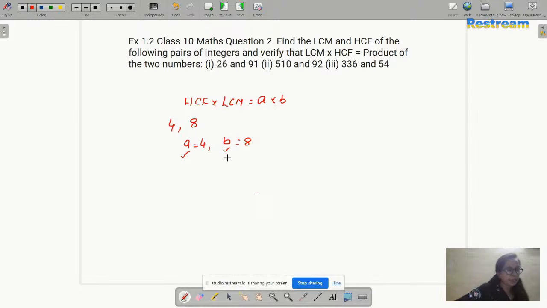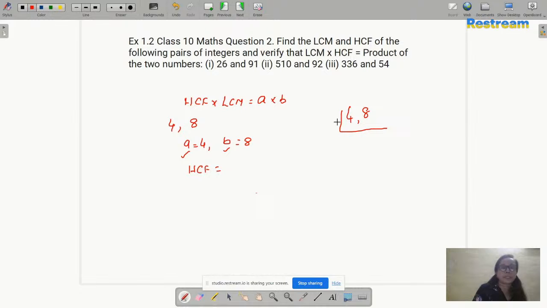Now first we'll take the HCF of 4 and 8. What is the HCF of 4 and 8?